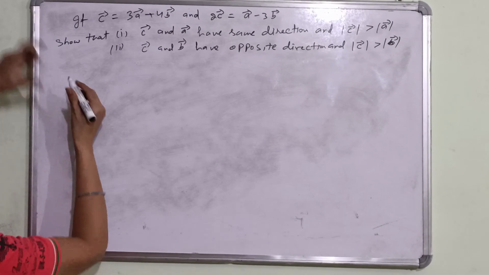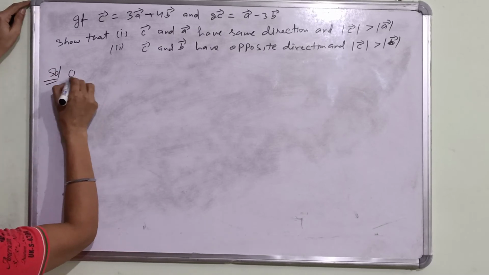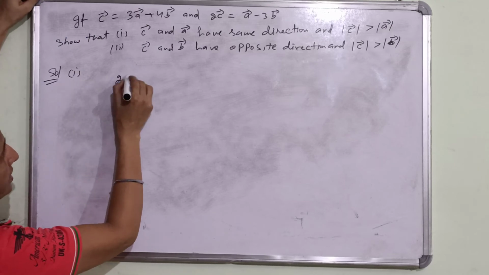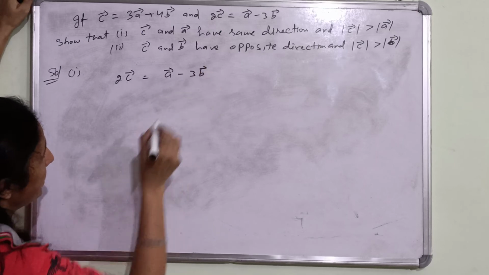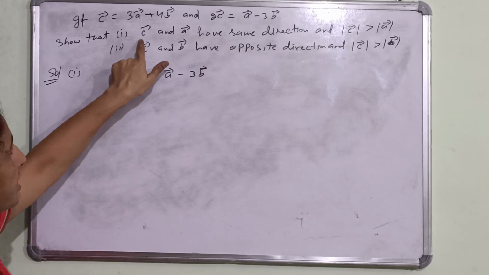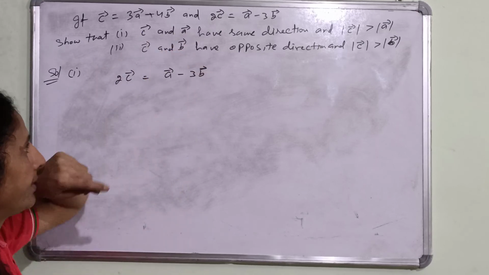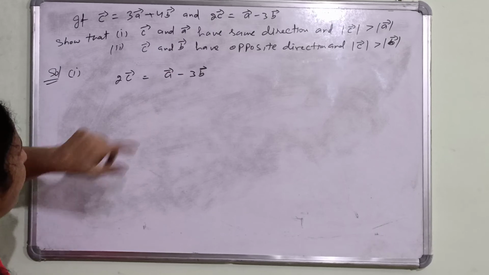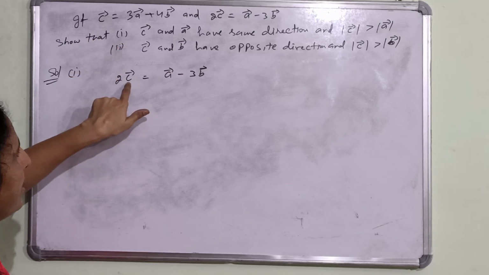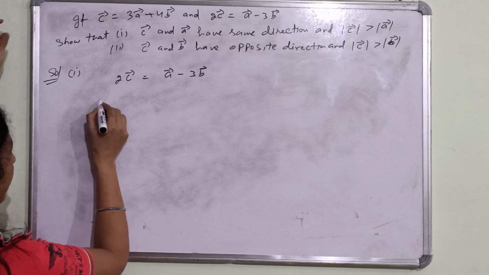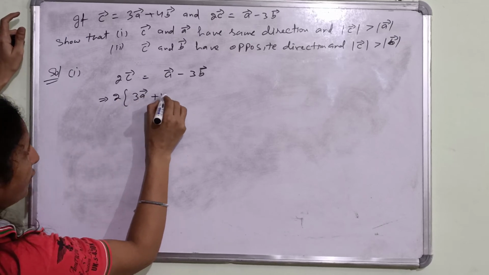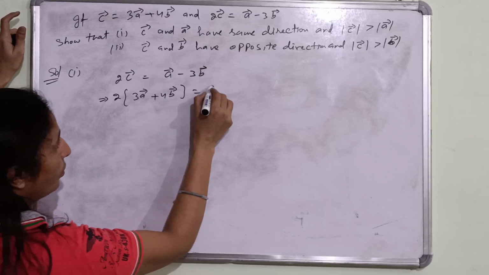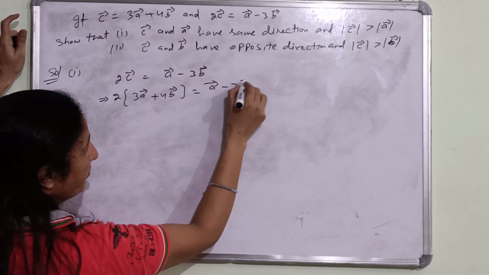Now the solution. First, we have 2C is equal to A minus 3B, and we have to take the relation between C and A, so B we have to eliminate, right? So we substitute the value of C here. We have 3a plus 4b is equal to a minus 3b, right?